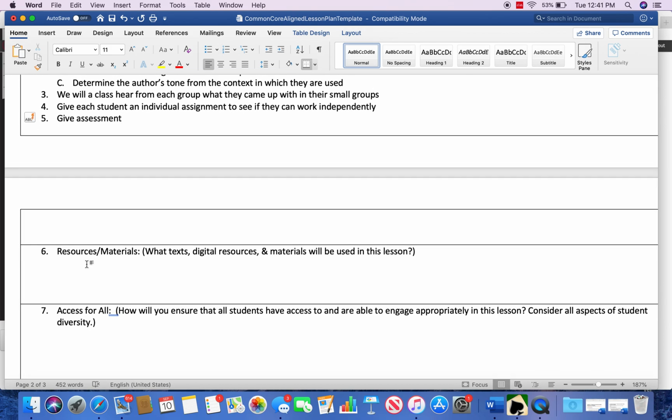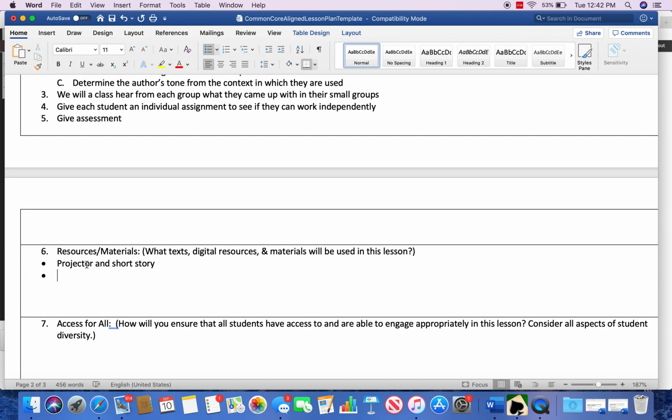This is where you can bullet and list all of the resources that you would use. Of course, you would use the projector and teacher made, or projector and short story overhead.